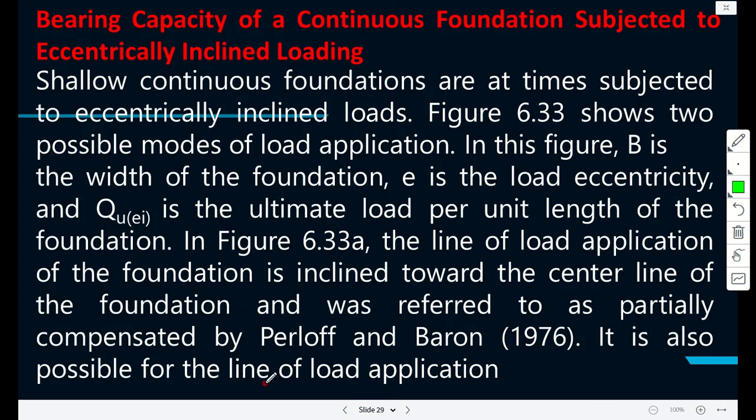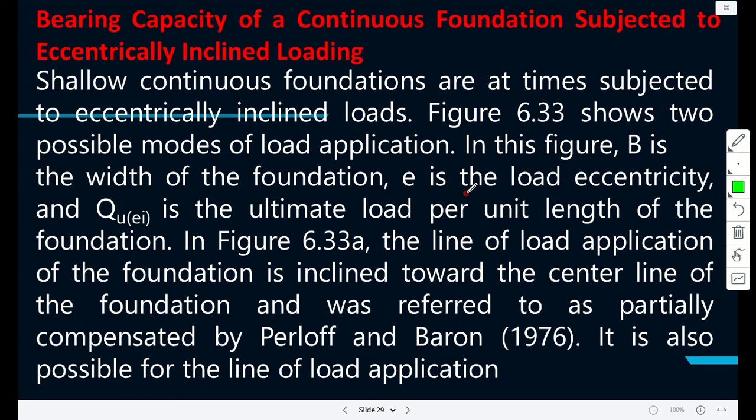Sometimes we have bearing capacity of a continuous foundation subjected to eccentrically inclined loading. Shallow continuous foundations are at times subjected to inclined loads. Figure 6.33 shows two possible modes of load application.